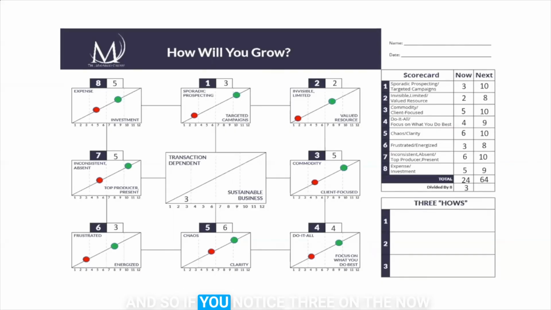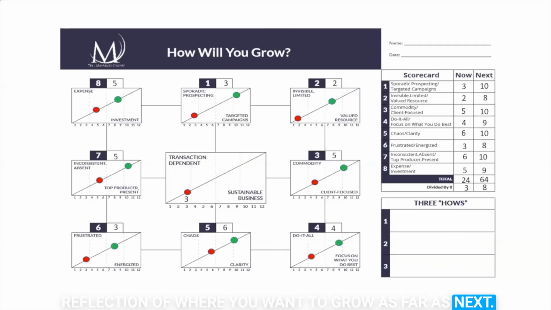And so if you notice, 3 on the now populates in that middle graph to a 3. So right now, you're saying you're mainly transaction dependent. And again, your ratings, your scores will be different, more than likely. In fact, it may be 4, 5, 6, 6.2. It won't necessarily be a whole number when you divide by 8, depending on your ratings. But this is just a reflection of where you want to grow.